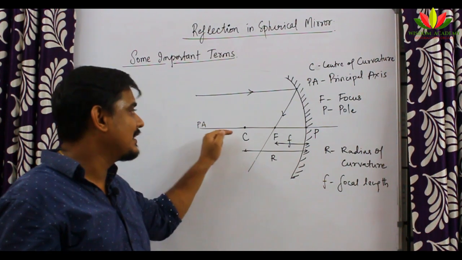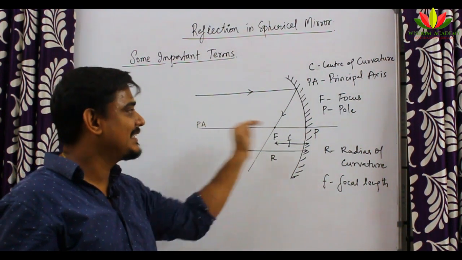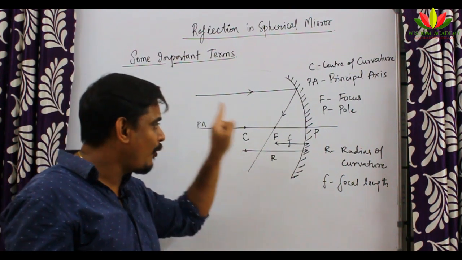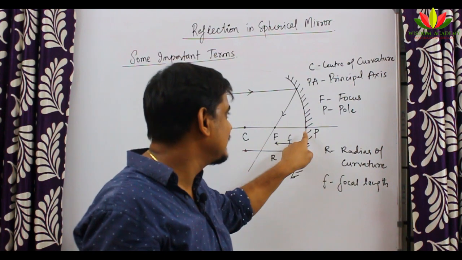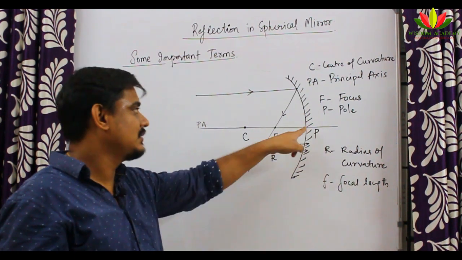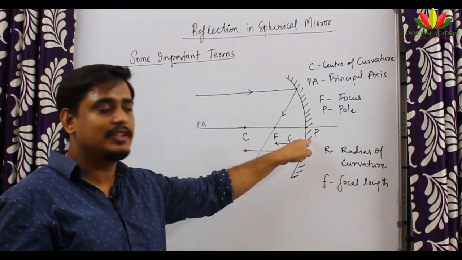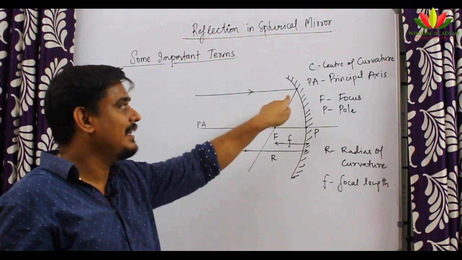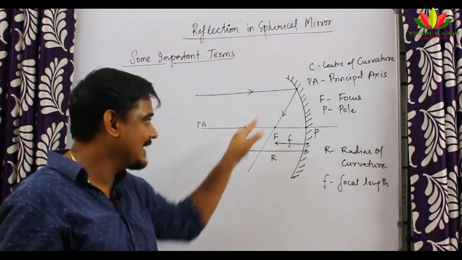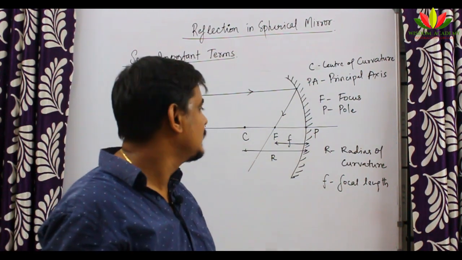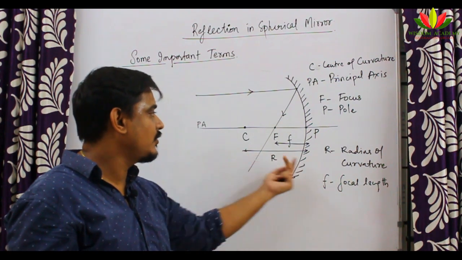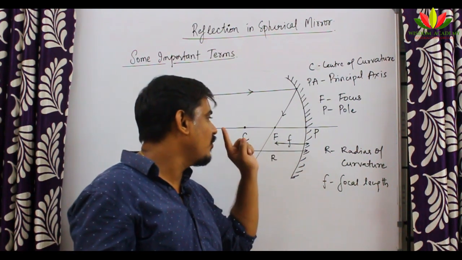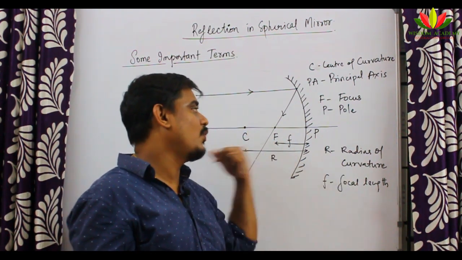Any line passing through the center of curvature and intersecting the spherical mirror at a point is known as the principal axis. The point at which the principal axis cuts the mirror is known as the pole. The point at which a ray coming from infinity, parallel to the principal axis, gets converged is known as the focus. The distance of the center of curvature from the pole is known as the radius of curvature, and the distance of the focus from the pole is known as the focal length.